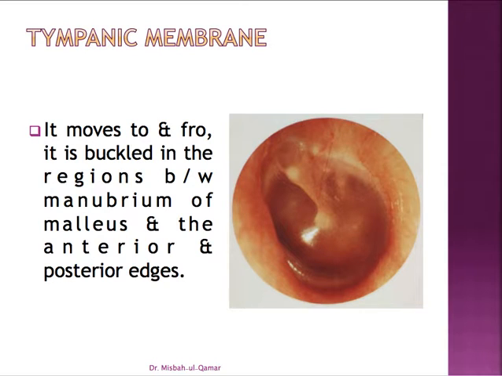The tympanic membrane is a very thin membrane, and it has a thickness of around 0.1 millimeter. Basically, it is composed of connective tissue, which is covered on one side by the skin and on the other side by a single layer of cells of mucous membrane.